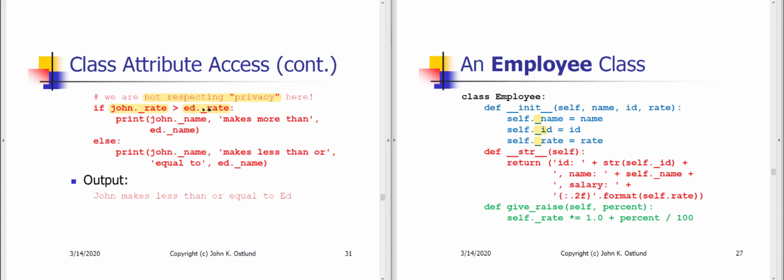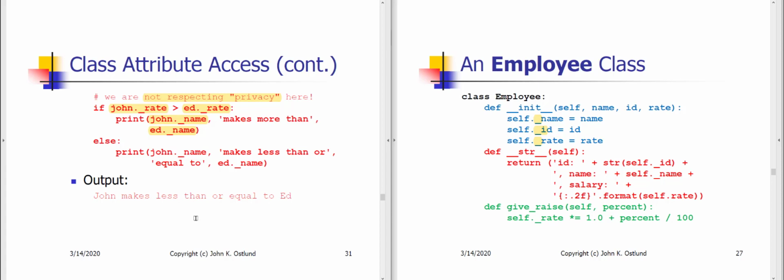If John's rate is greater than Ed's rate, we're going to say John makes more than Ed. And again, we're just going right to the supposedly private, the supposed to be respected private rate and name of the employee objects. And this code runs fine. If we try to do something like this in Java or C++ or C#, in those languages, it would not compile.